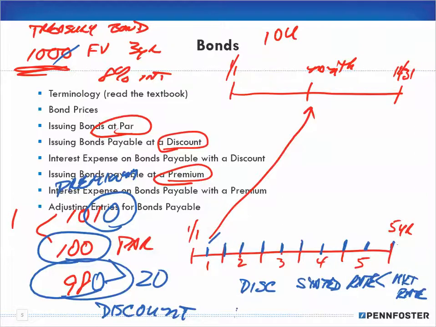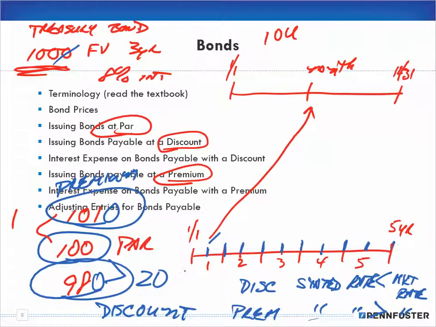And for a premium, the stated rate is greater than the market rate. The premium being the 101.